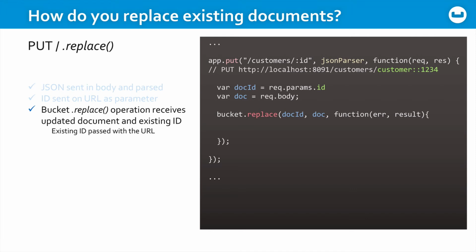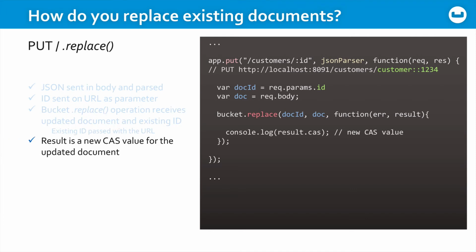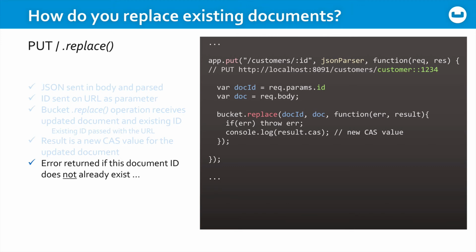We get the body from request.body and send it to a replace operation. But in this case, we're taking an existing document ID. As before, we get a result object back with the new check and set value. And if the document ID does not already exist, if you try to replace something but it's not there yet, you'll get an error.